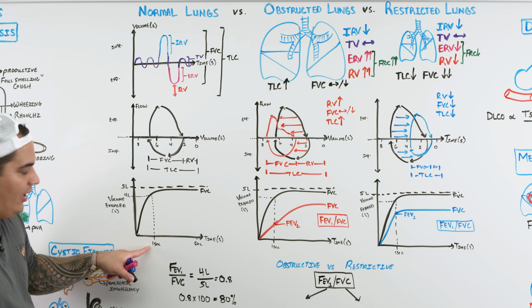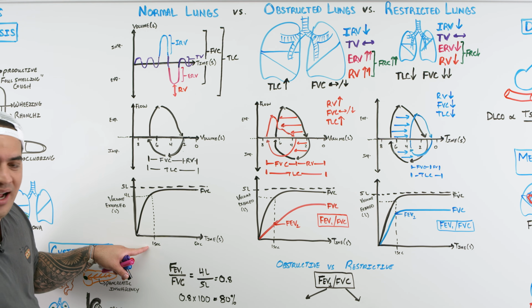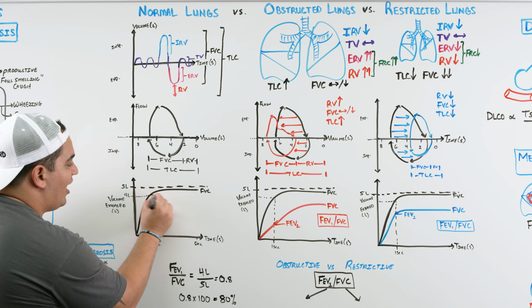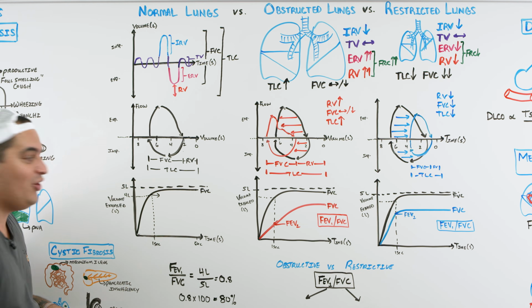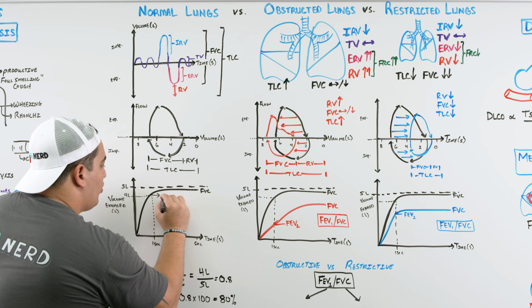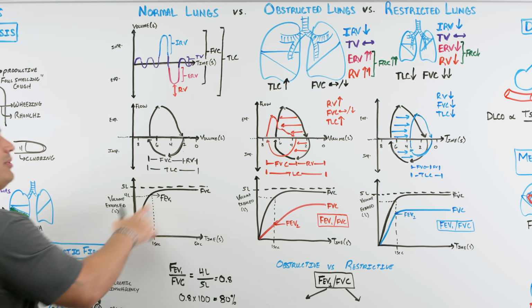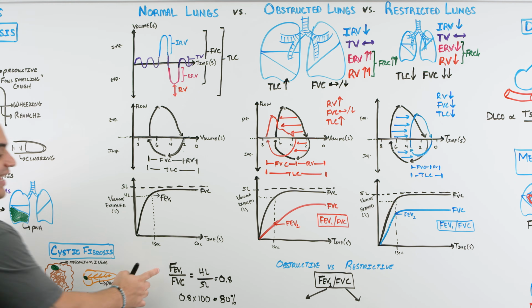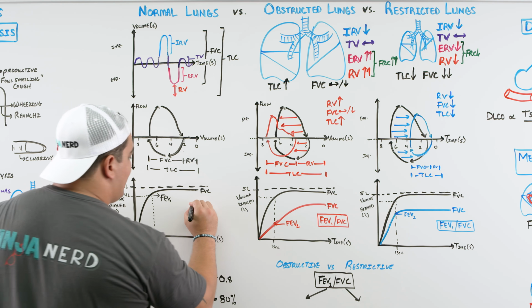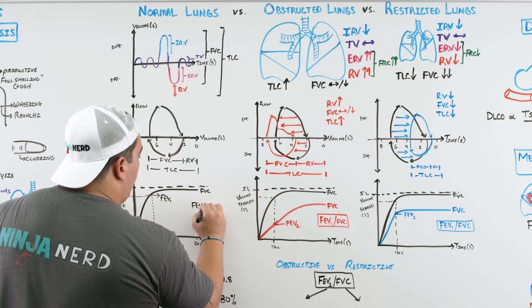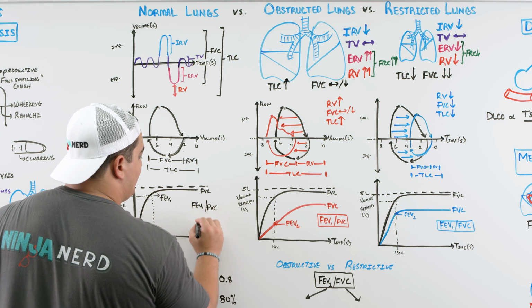At 1 second in the expiration process, I want to know how much air I was able to forcefully exhale. We call this the forced expiratory volume of 1 second. What you need to take from this, my friends, is this ratio where we say FEV1 over the FVC.